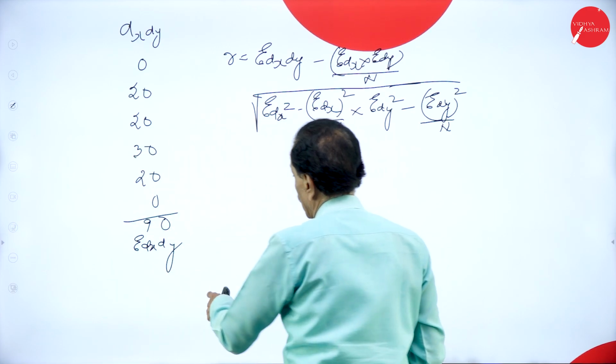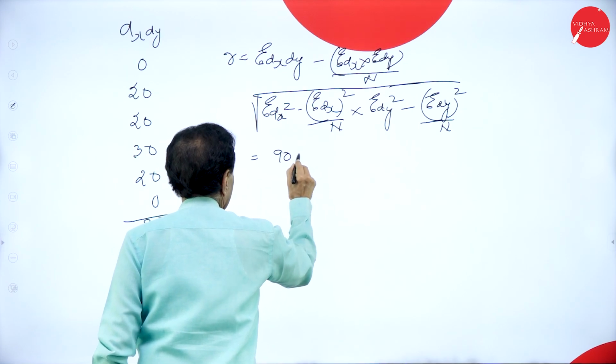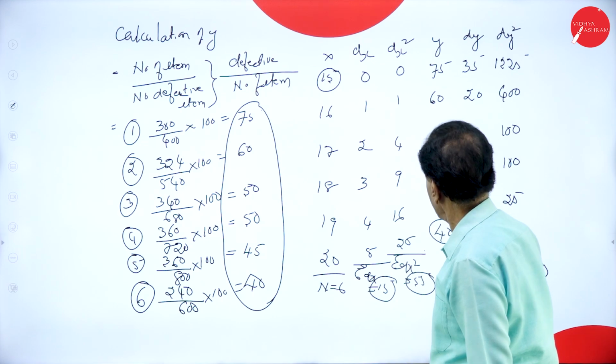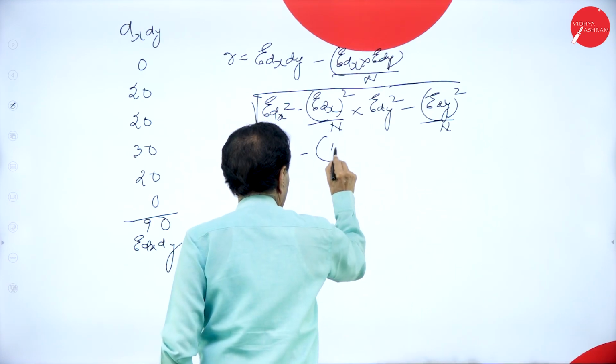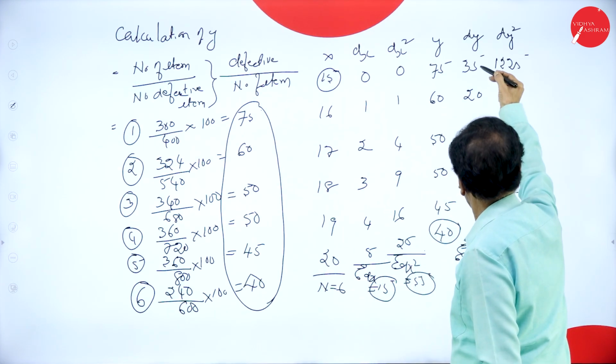What is sigma dx dy? 90 minus. What is sigma dx now? Sigma dx is 15 into. What is sigma dy?